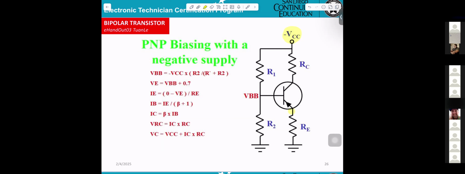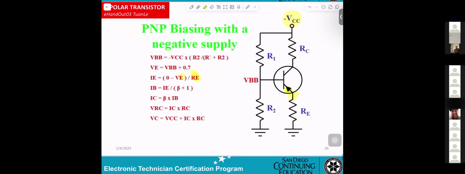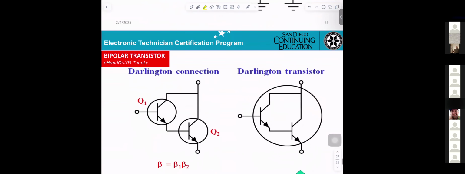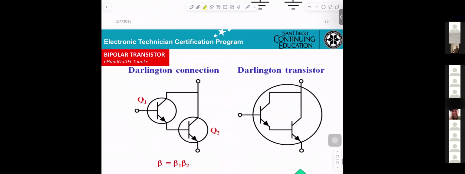If you want VE right here, VE equals VBB plus 0.7. IE, the current through the emitter, will equal 0 minus VE divided by RE. So basically this formula is very simple. The more time you work on it, the more you can memorize it. And Darlington connection.